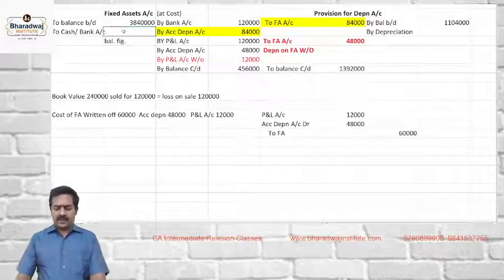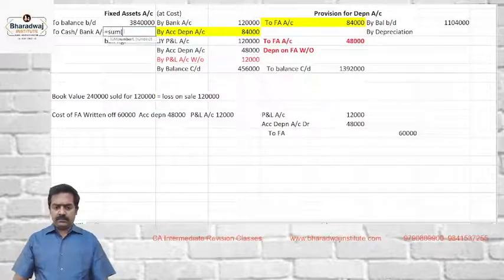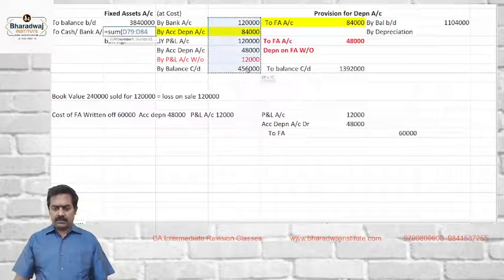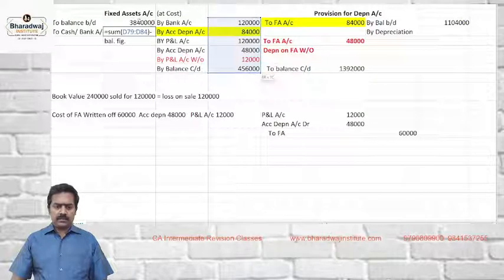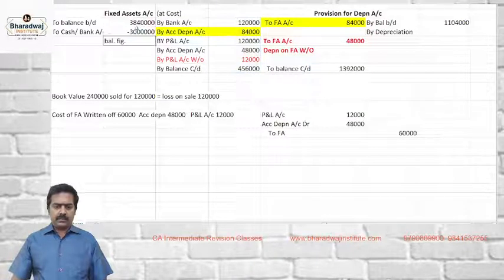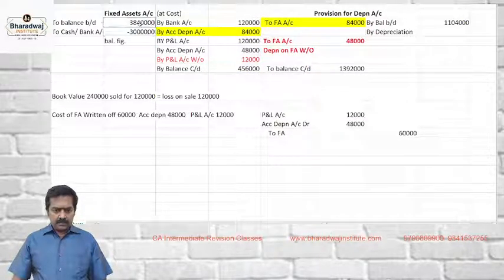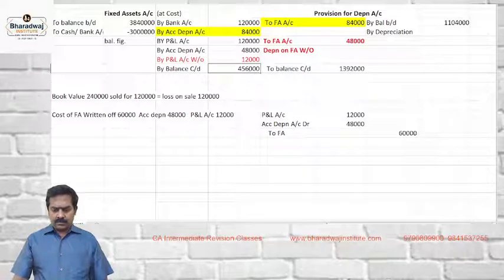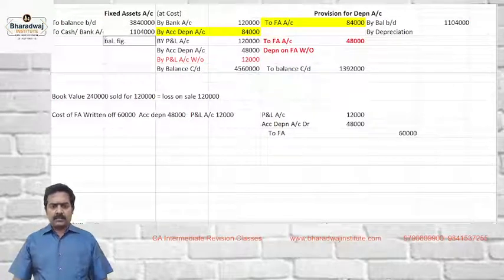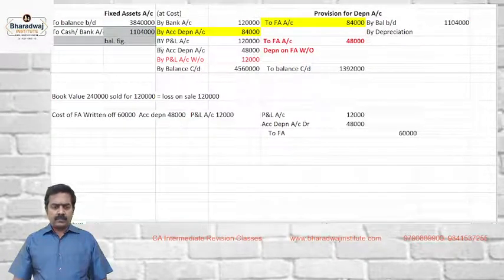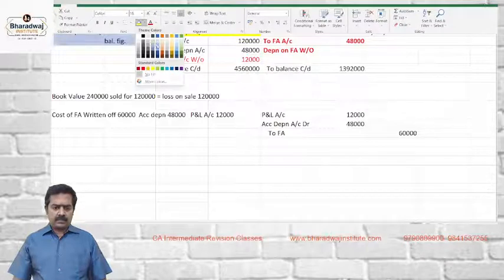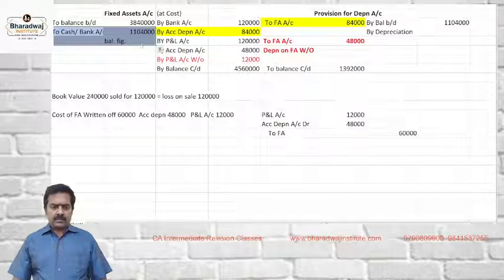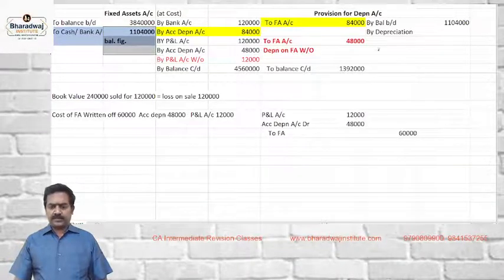What is the balancing figure? Purchase of asset, we get it as a balancing.